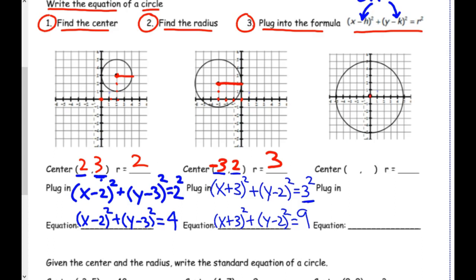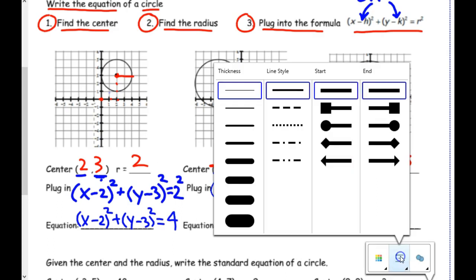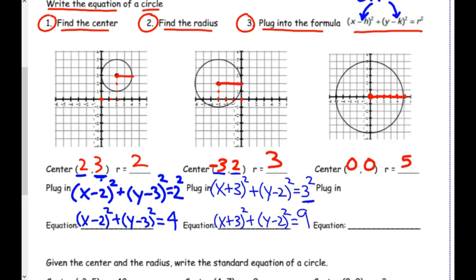Where is the center of that circle? 0, 0. The origin. So that's okay. 0, 0. What's the radius? 5. All right, so let's write our equation. X minus 0 squared plus y minus 0 squared equals 5 squared.